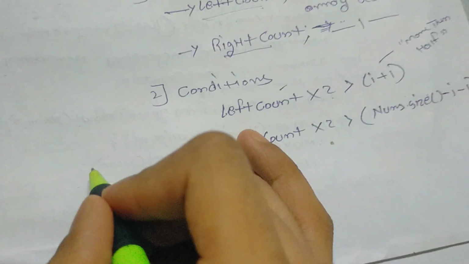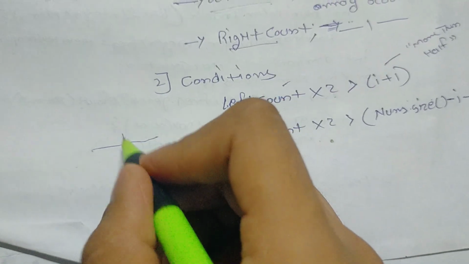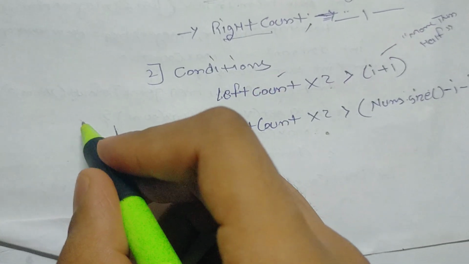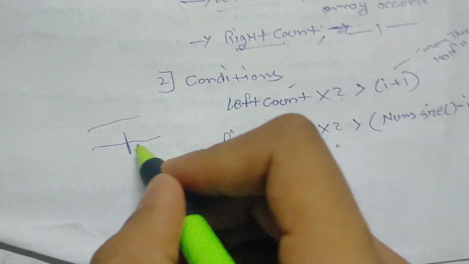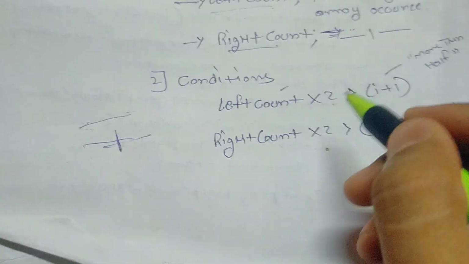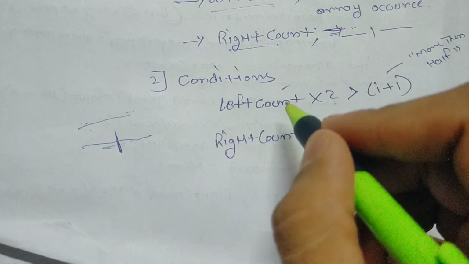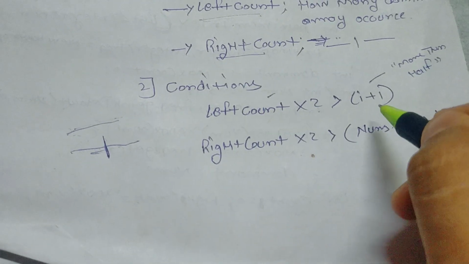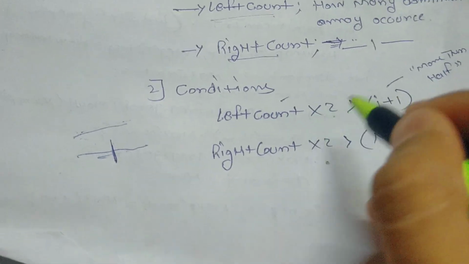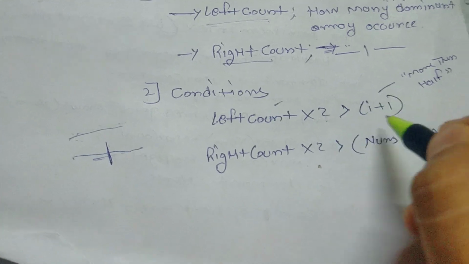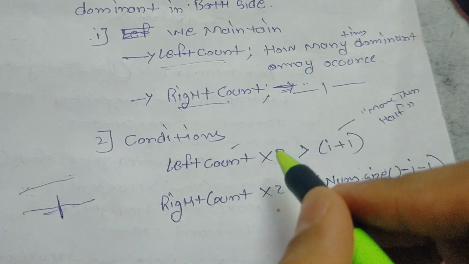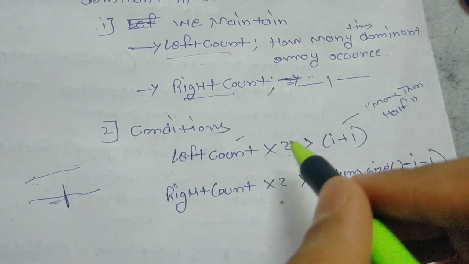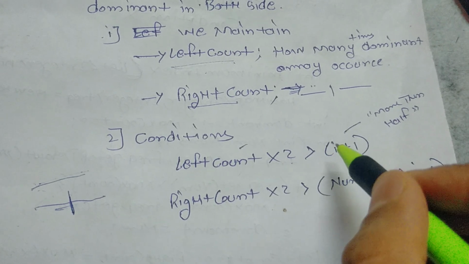This is the array, and we have to check that the count is more than half of the array. So the dominant element should occur more times than half of the array, right? So we multiply by 2 and compare with i plus 1.